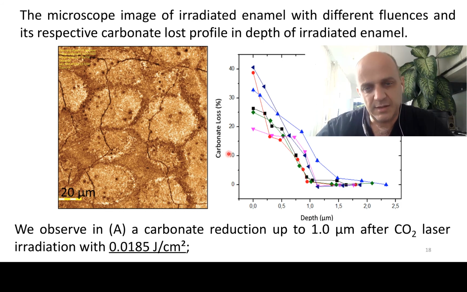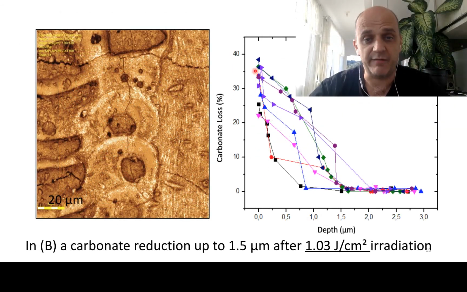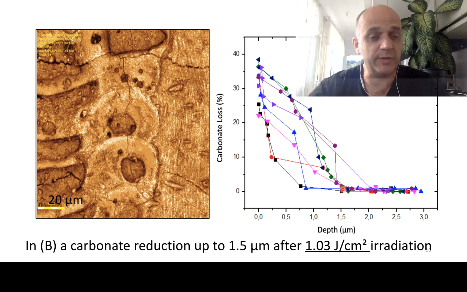That means that the carbonate loss in this position is 0. Here in the second group, you have a higher carbonate loss in the irradiated surface. After wearing the sample, the carbonate loss reduced to 0. That means at 1.6 micrometers, you have the same carbonate content as before irradiating with the laser.